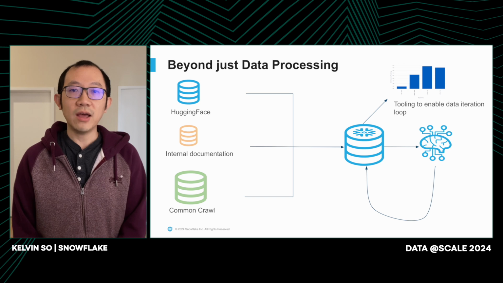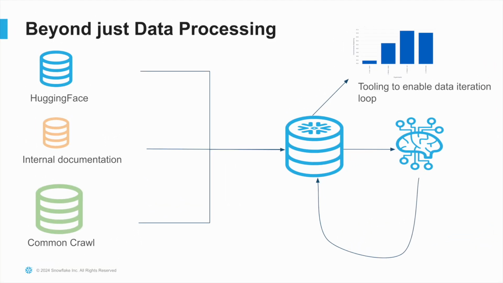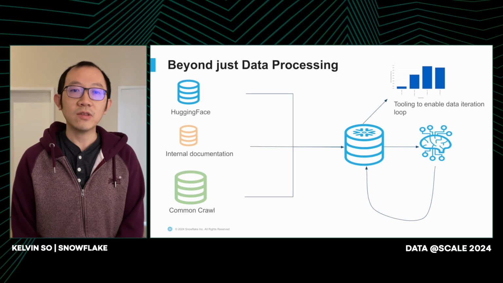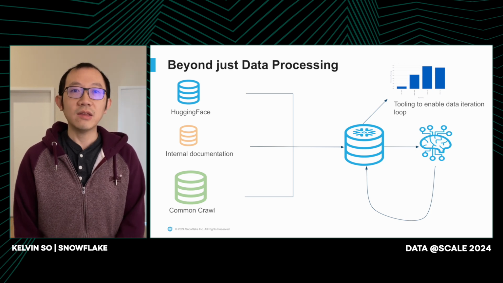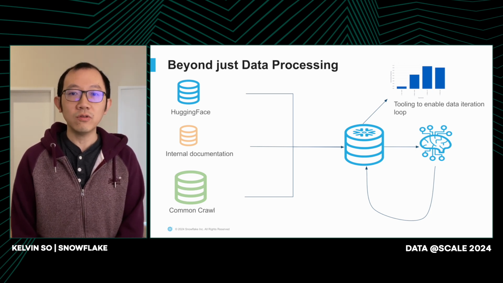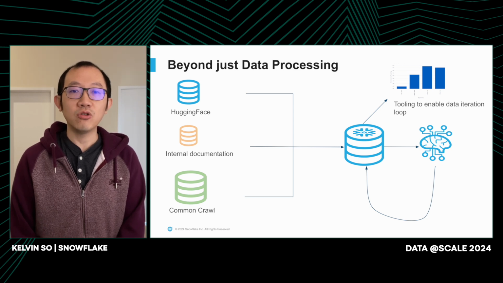Once the data is in Snowflake, it also unlocks fast iteration of your data, which is critical to build a very good LLM. We have built tools on top of Snowflake using Streamlit to help us iterate on data quality within hours. In this talk, we will show you some of those tools and how they help us enable a fast iteration loop within Snowflake.